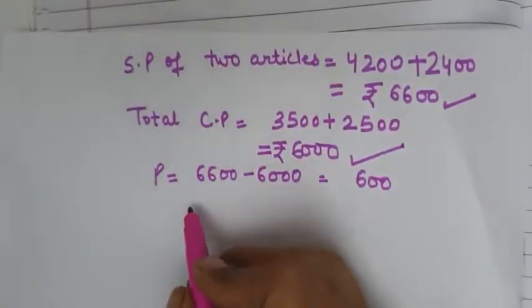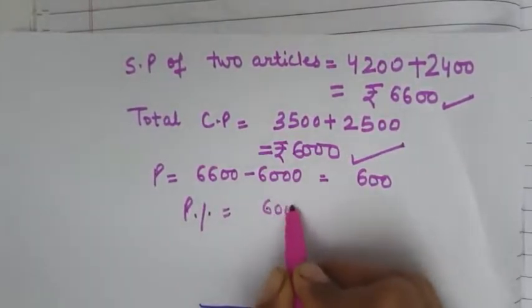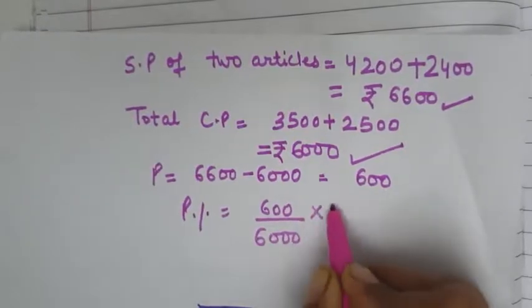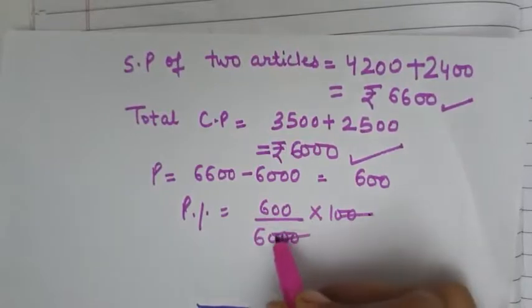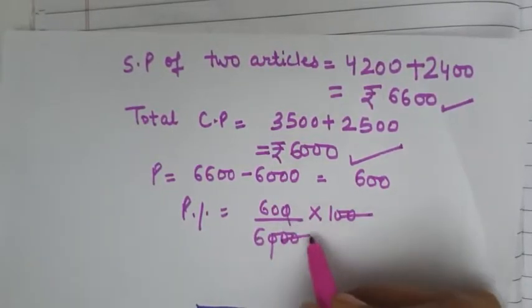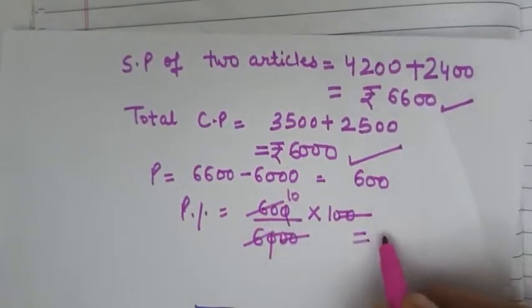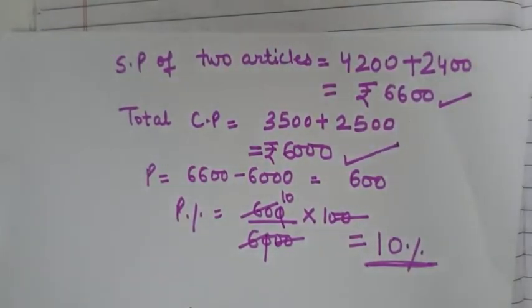Now profit percentage will be profit upon cost price multiply 100. These two zeros will get cancelled. This will also cancel. What we get? On the whole, we will have a profit percentage of 10%. Fine students?